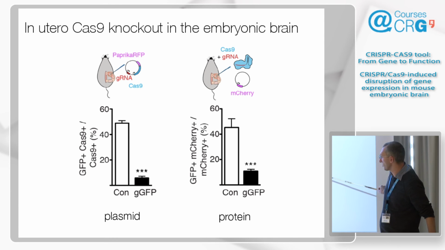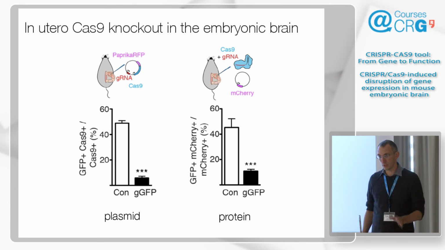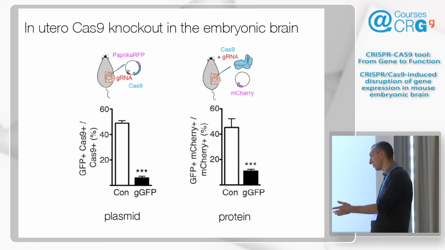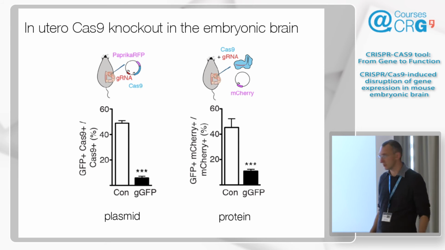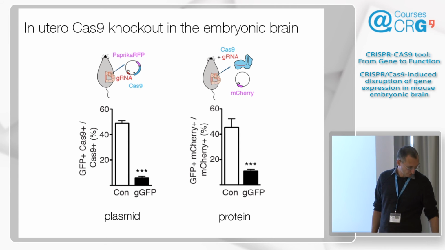The protein looks a bit worse, but this is because of this issue with the plasmid maybe not going in the same cells as the protein. We think now that the protein is actually better, and that's how it looked from the primary picture, but it's normalized here to the cells that express, so that's why it's biased.